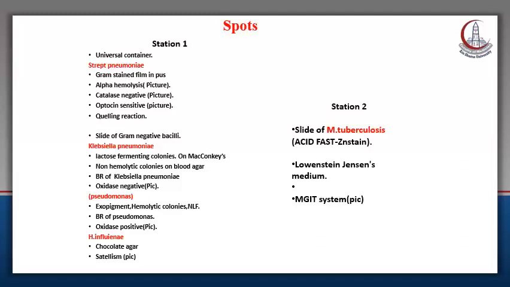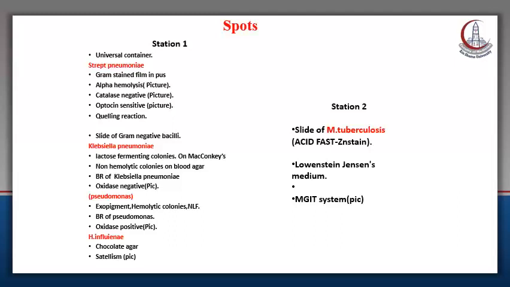Okay, the biochemical reactions for Pseudomonas: don't forget, Pseudomonas is oxidase positive, and in the biochemical reactions, TSI shows no fermentation of sugars, indole is negative, and citrate is positive. Okay. The last organism is Haemophilus influenzae.